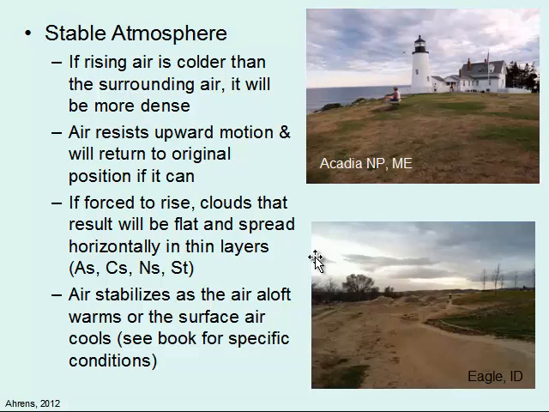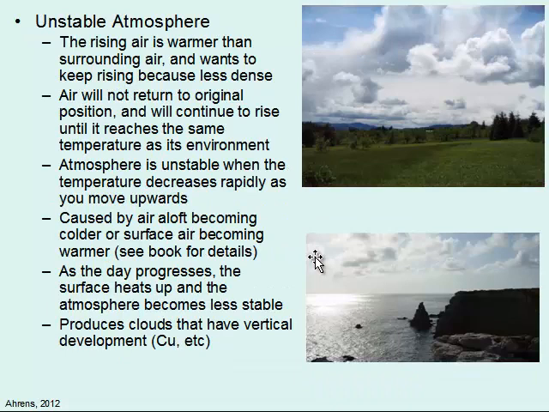And you can read your textbook for a list of specific conditions for when you have air that is stable. A very good description in your book. So an unstable atmosphere, this is when you have rising air that's warmer than the surrounding air.